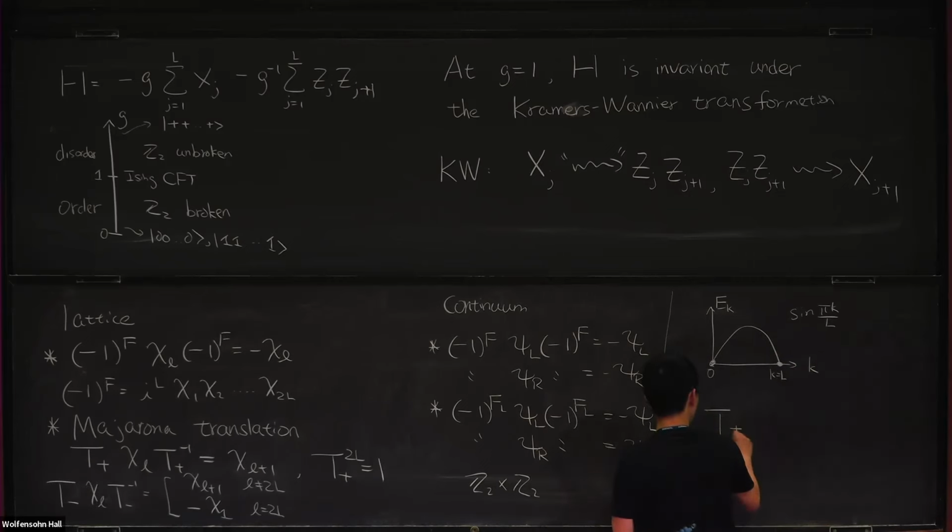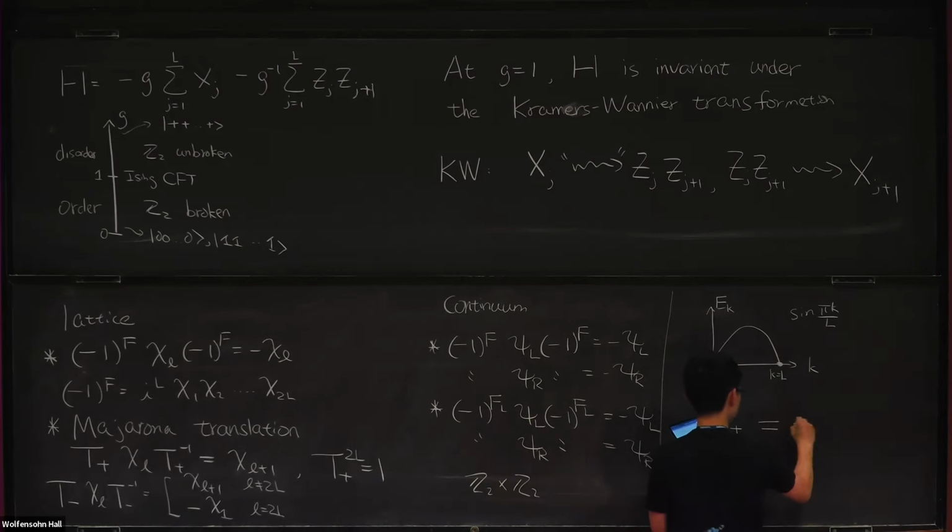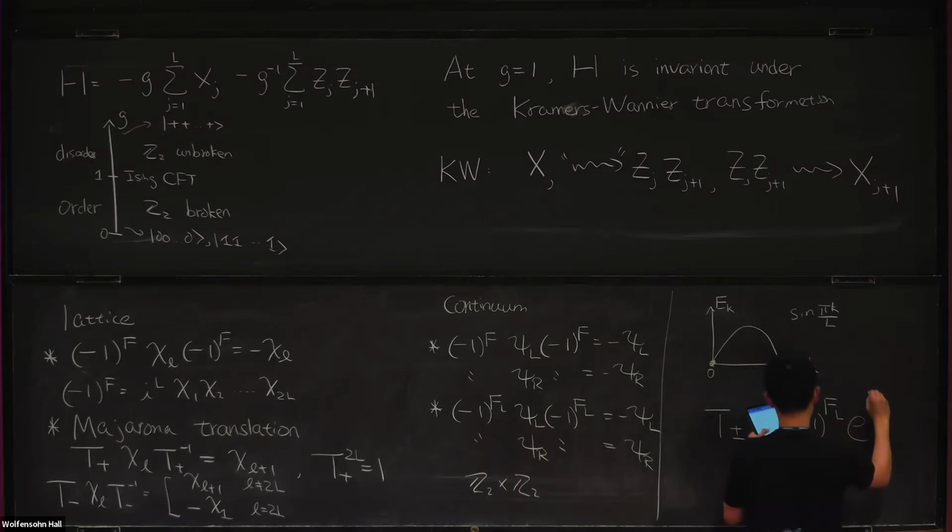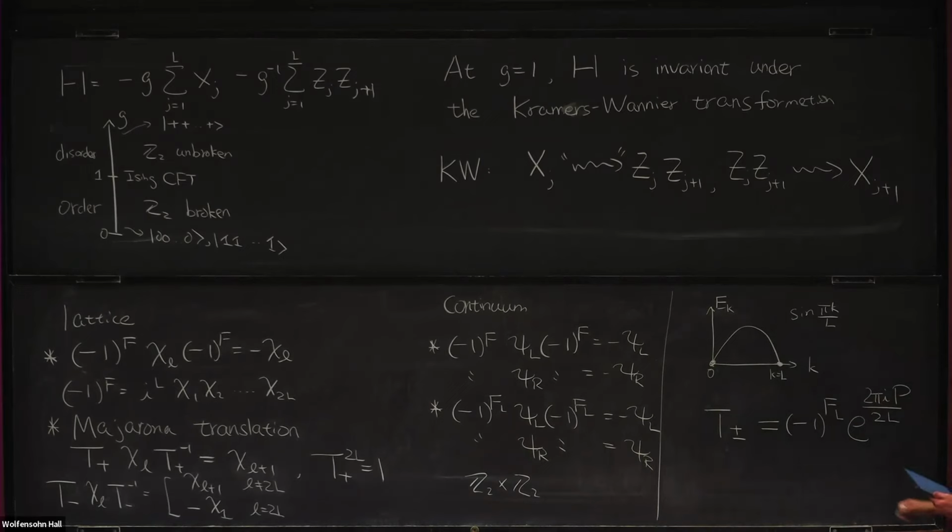If you take the lattice translation and match that with the symmetry in the continuum, you get a relation like this, where P is the momentum operator of the continuum CFT. So the lattice translation implements some small translation in the continuum, but on top of that, there's a relative minus sign between the left-moving and the right-moving mode.